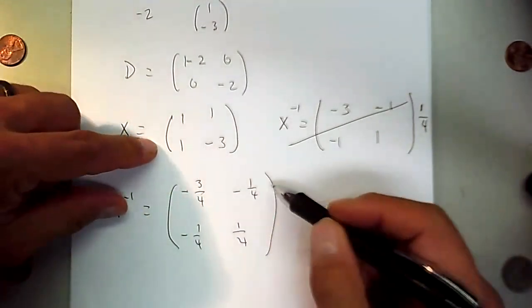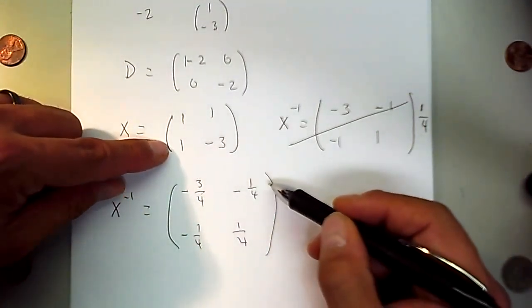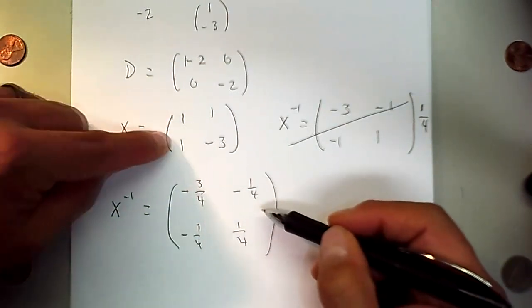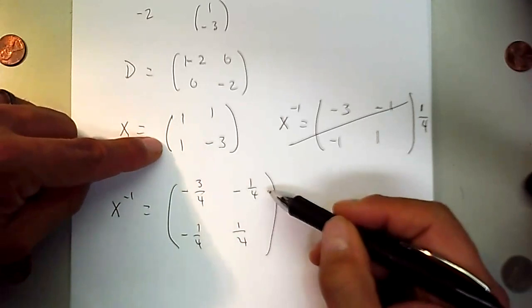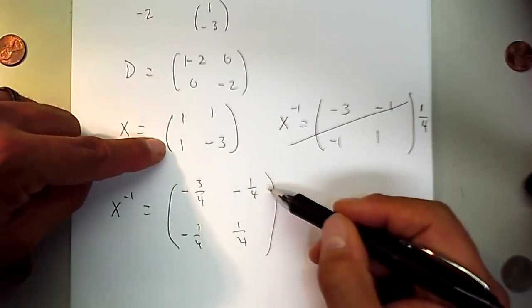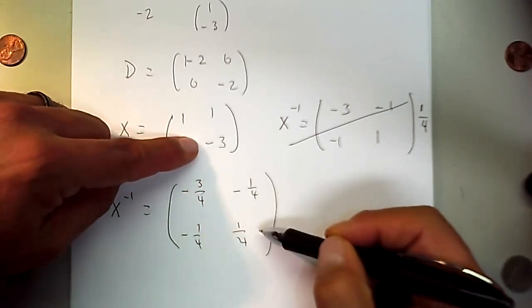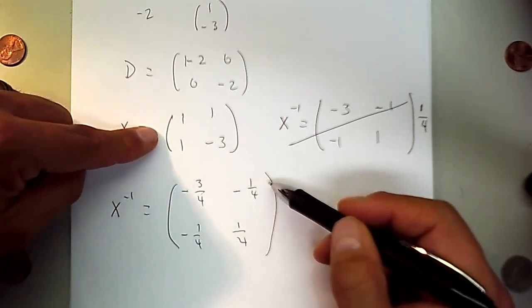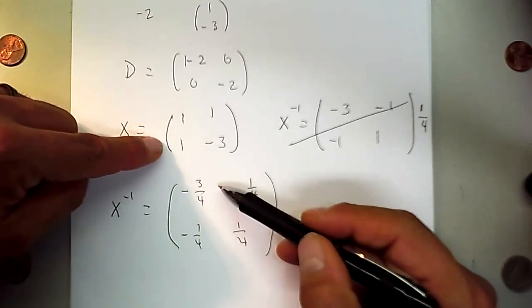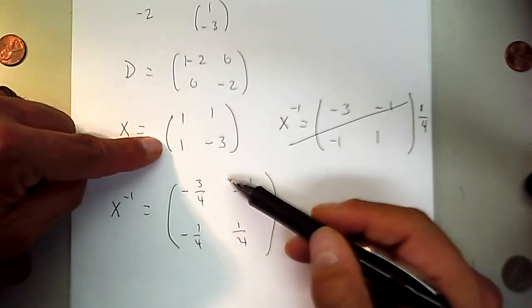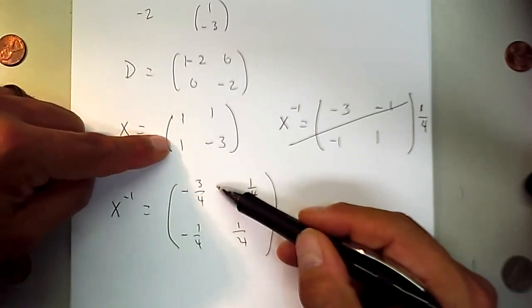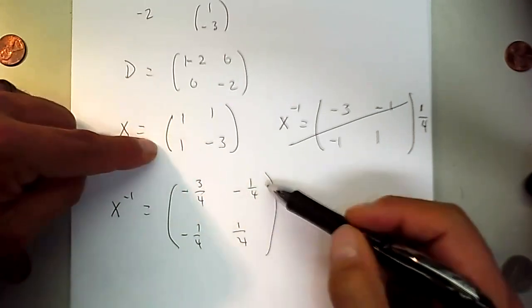Let's see if this is consistent with this product, this row with this column, -1/4 minus 3/4. That is -1. And then if we multiply those two, boy, -3/4 plus 3/4 is 0.